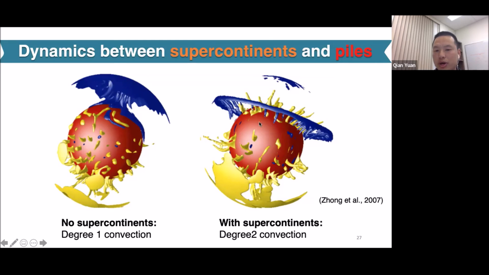But if you have supercontinents, you will form degree 2 structures, with two upwellings. In the future, I think it would be very cool to include more about the supercontinents, and study the height change in this dynamic coupling between the supercontinents and the mantle convection.